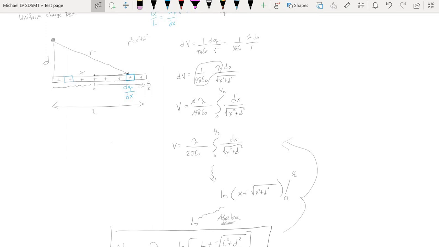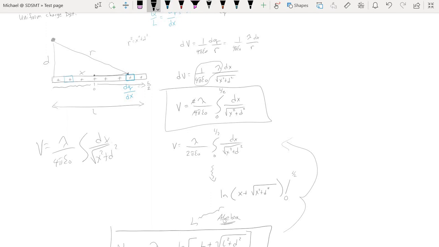So if we come back to this step right here, we had lambda over 4 pi epsilon, integral dx over root x squared plus d squared.